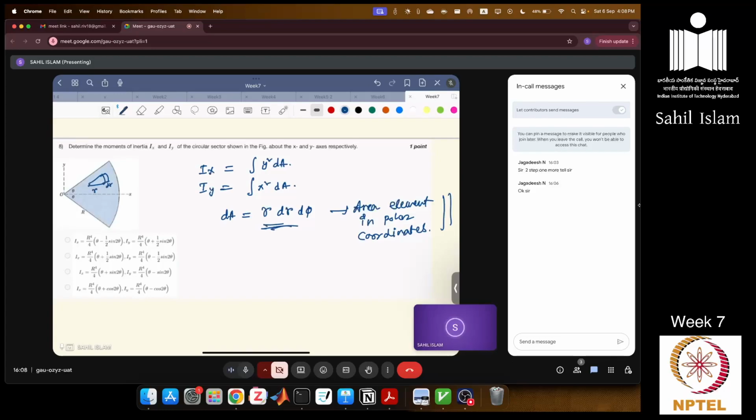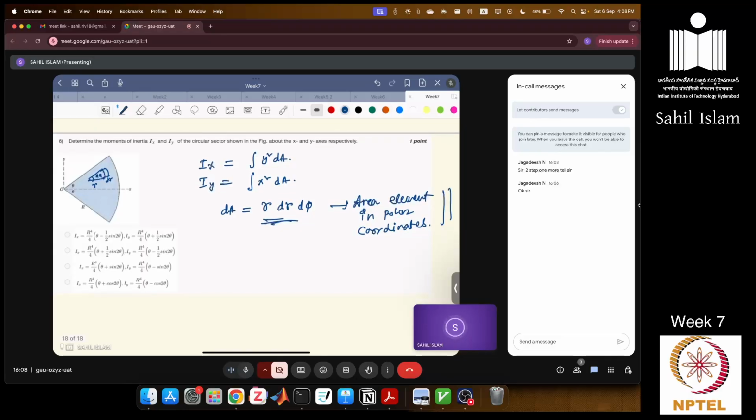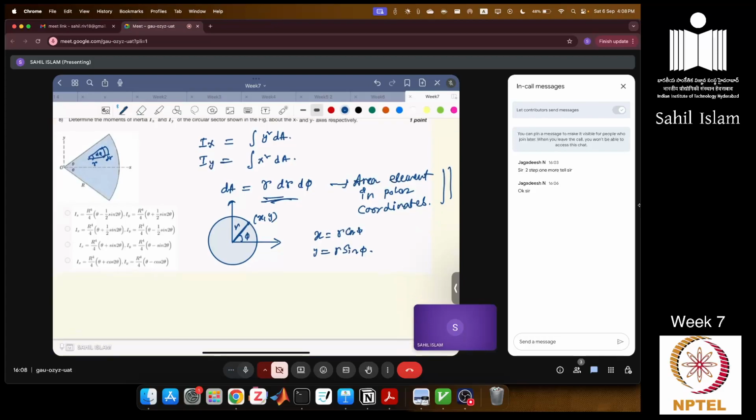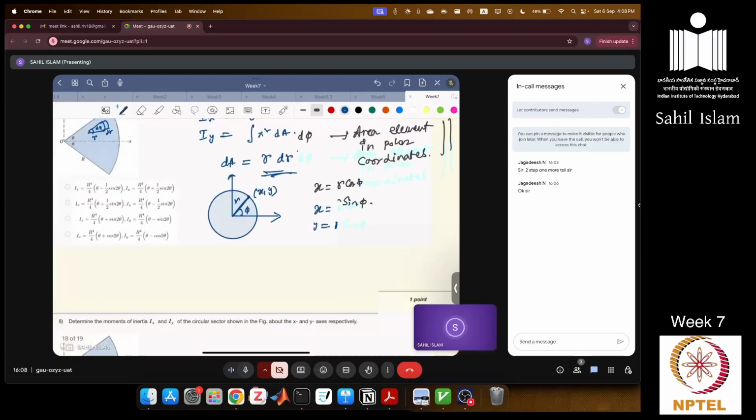This is dr, this is r and this is d phi, where d phi is a small angle here. Also for a circle, if you have a point x comma y defined by phi and r, you can write x equals r cos phi, y equals r sin phi. The rest is very easy.